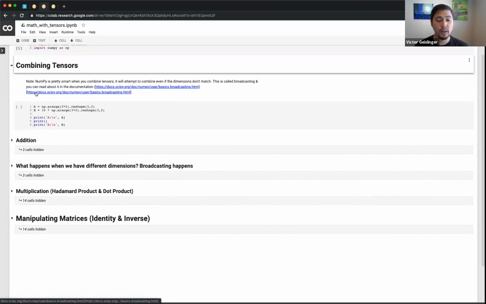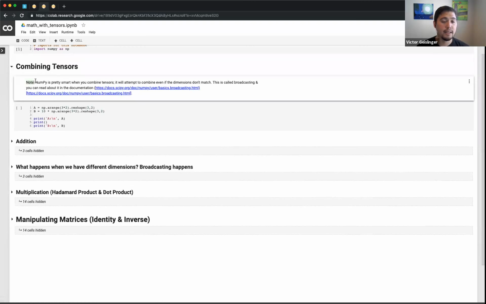One thing to note, I put a little note right here, is that NumPy is really good at combining tensors in ways that seem obvious to us, and it's something called broadcasting. When we broadcast, technically you need to make these matrices a certain shape to add them together, but NumPy is like, I think I know what you're trying to do, so it's going to go with it.